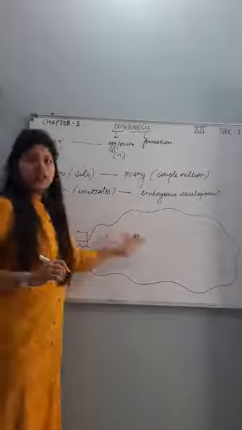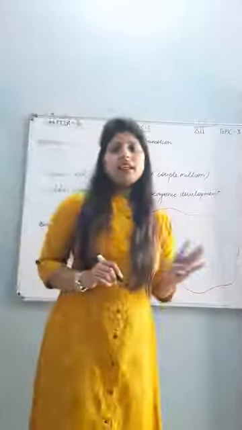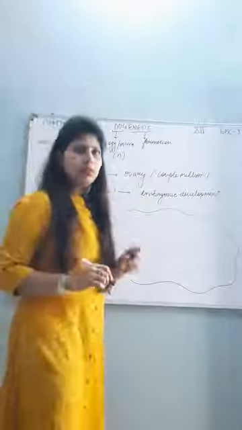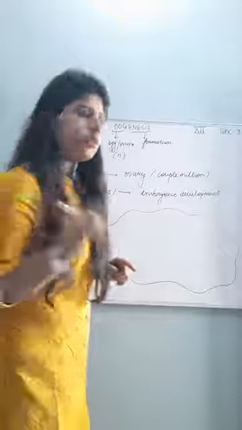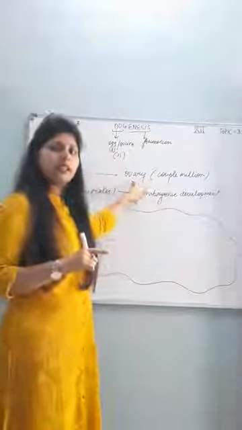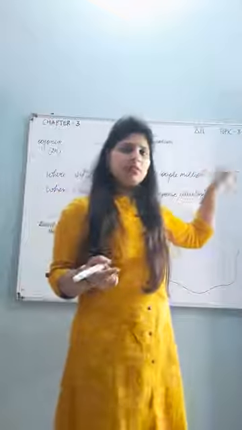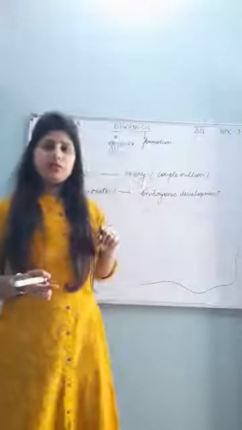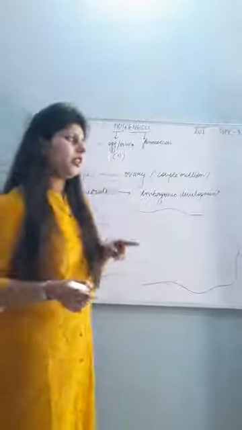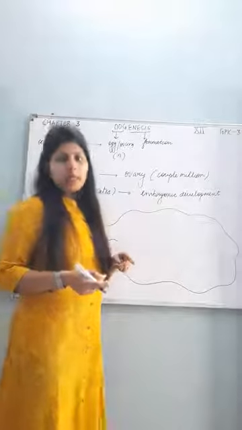Now each oogonia develops into a primary oocyte after mitosis. As we have discussed, each ovary contains a couple million eggs. We have two ovaries, so they contain 2 million eggs.